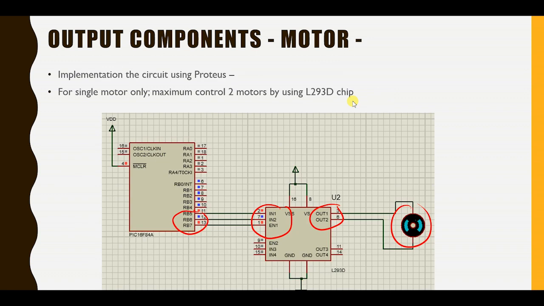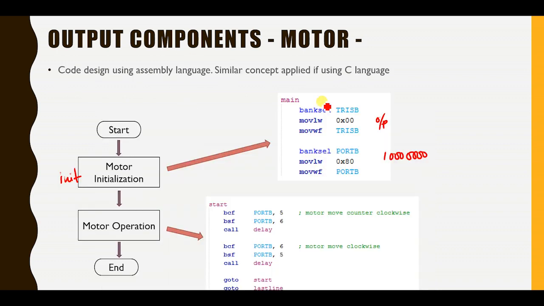According to this circuit, B0 is here, so you send enable here. 10000000. So when you send the data 80, this is what happens. You initialize, meaning you turn on the enable pin.